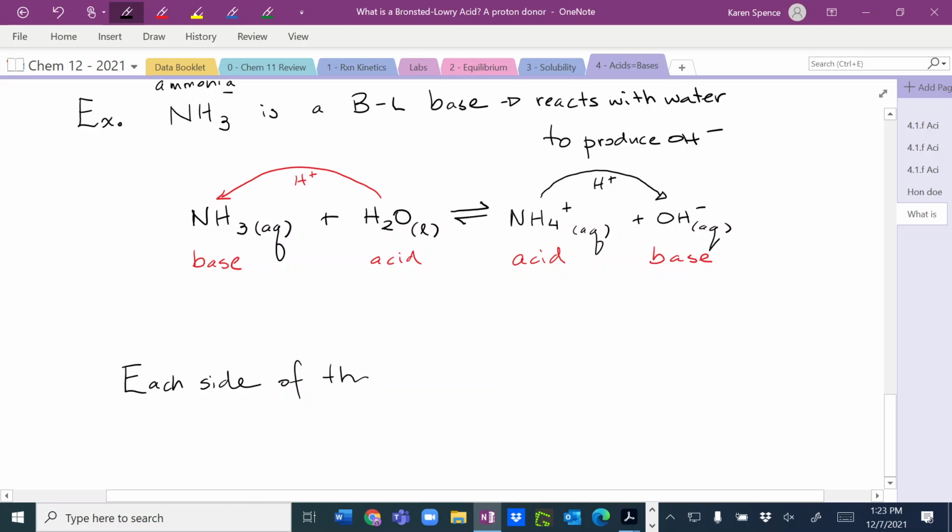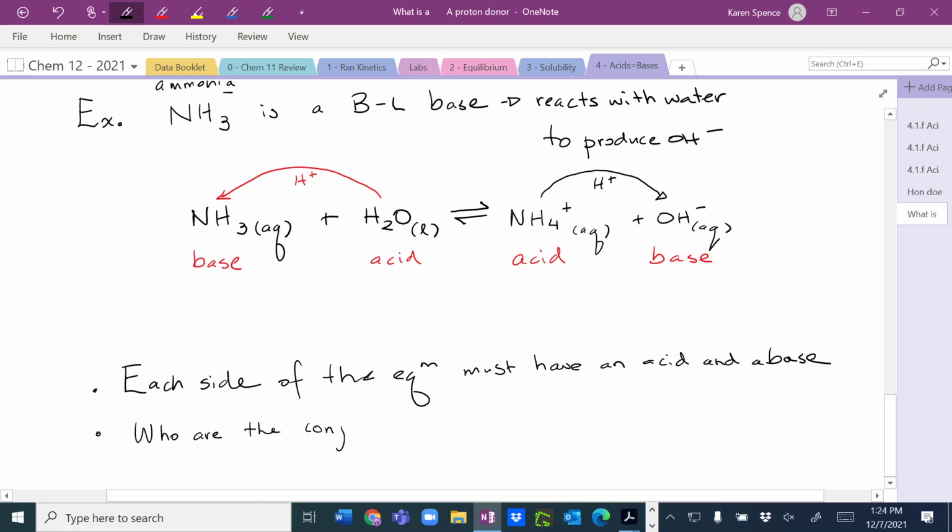I've left some space for a reason. Who are the conjugate acid-base pairs in the above equilibrium?